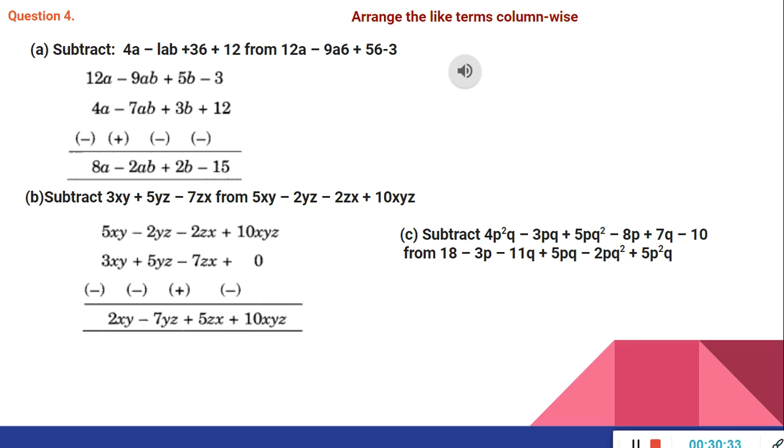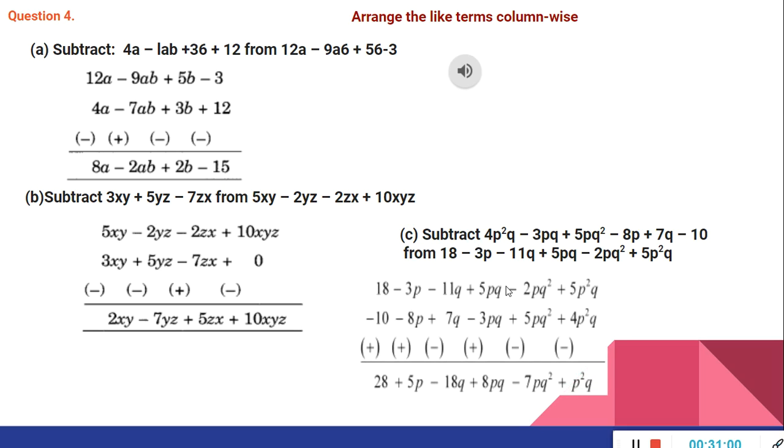Clear? Now last one. Subtract 4p square q minus 3pq plus 5pq square minus 8p plus 7q minus 10 from 18 minus 3p minus 11q plus 5pq minus 2pq square plus 5p square q. This also we can arrange in column method as like terms.